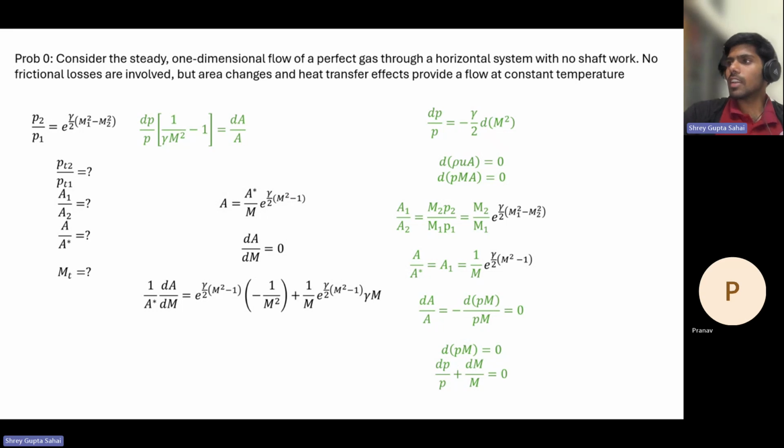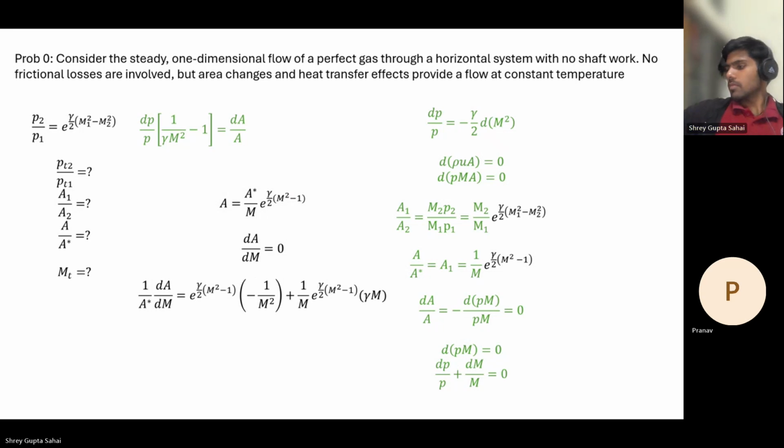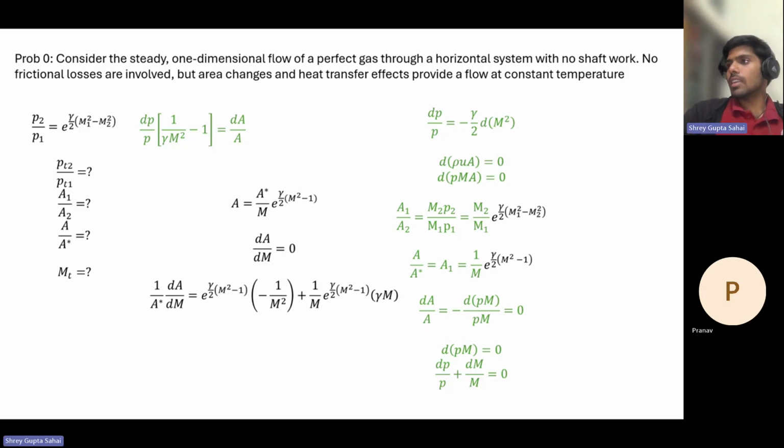Right? This is what you will get. Gamma M squared has to be 0, implying that these two things have to be.